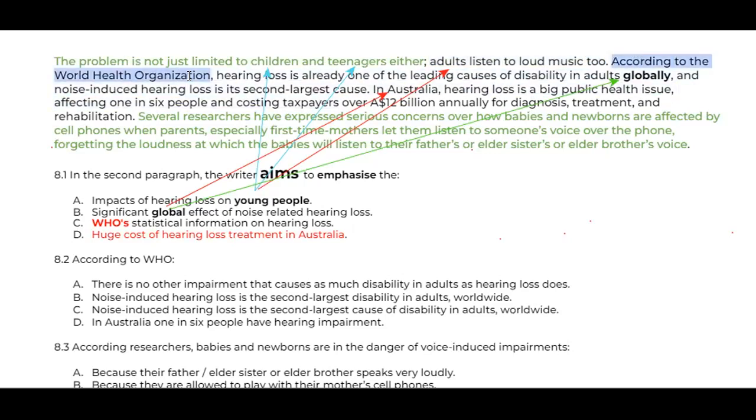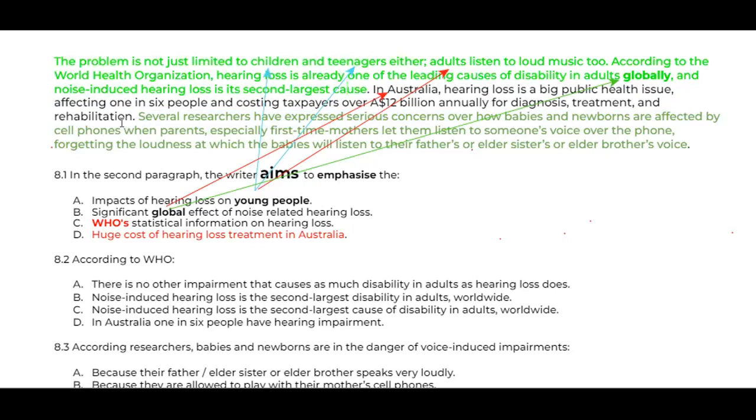According to the World Health Organization, hearing loss is already one of the leading causes of disability in adults globally. This is also a global issue. And noise-induced hearing loss is its second largest cause. Even that is also a global issue. So what happens is, up to here, all of these things are completely global things. Global. In Australia, hearing loss is a big public health issue.